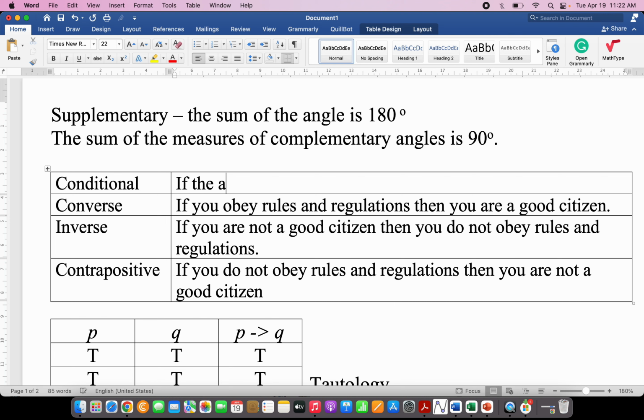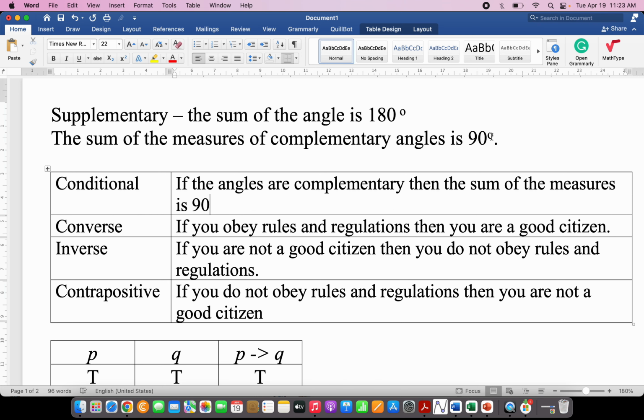So if the angles are complementary, then the sum of the measures is 90 degrees.